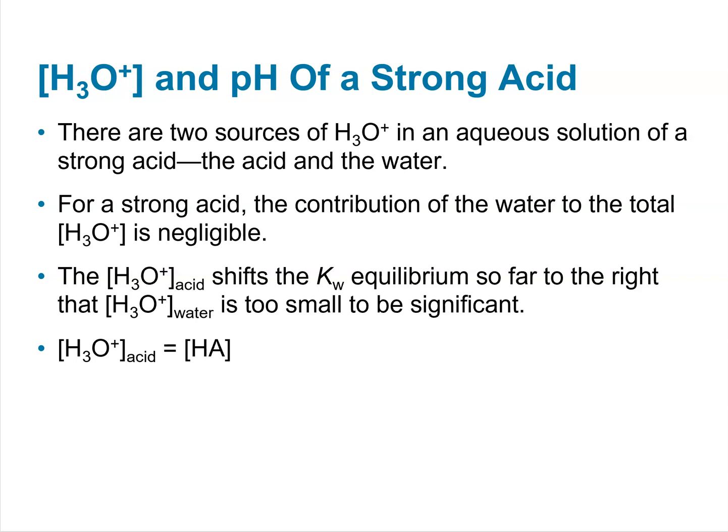So let's go into a couple details of sources of protons or hydronium as we start to add some nuance to weak acids. You have to keep in mind that there are always two sources of free protons or hydronium cation in any aqueous solution.